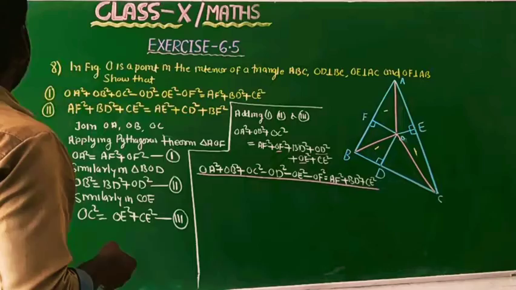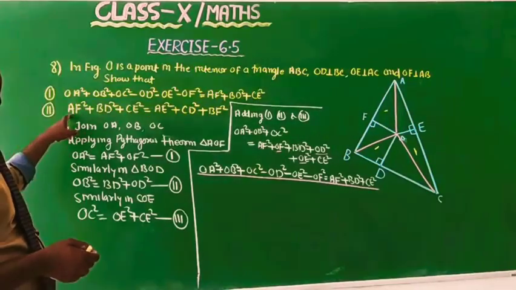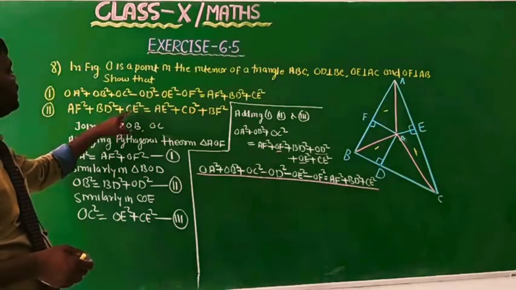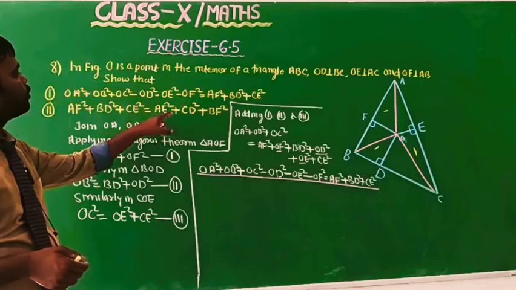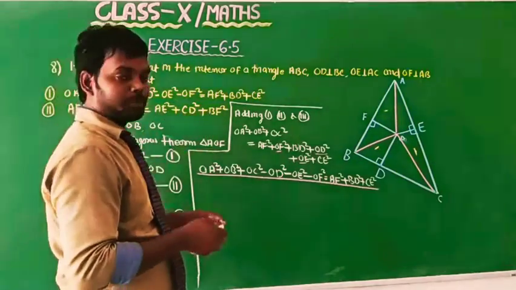And second we have to prove AF square plus BD square plus CE square equal to AE square plus CD square plus BF square.